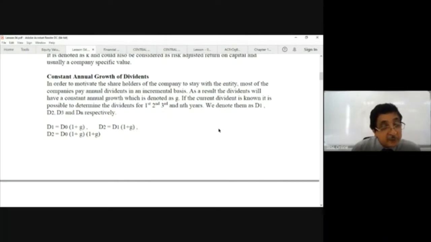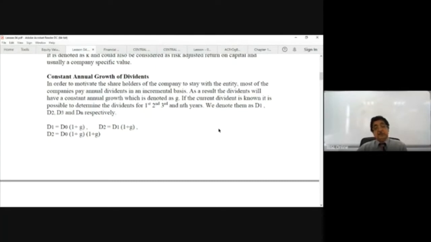But if it is otherwise, say half-yearly dividends being paid, that also can be taken into consideration. There's no issue. But in normal circumstances, we assume the dividends are paid at the year end. That is the assumption.